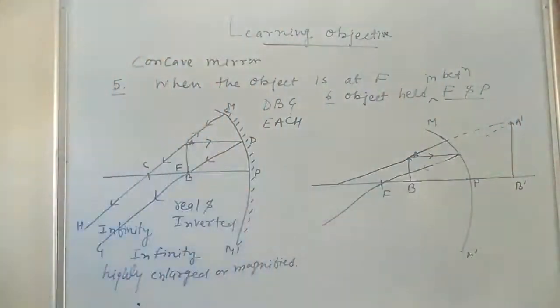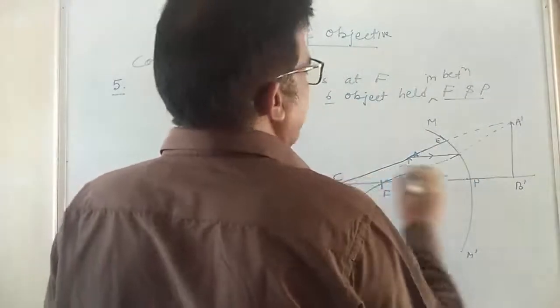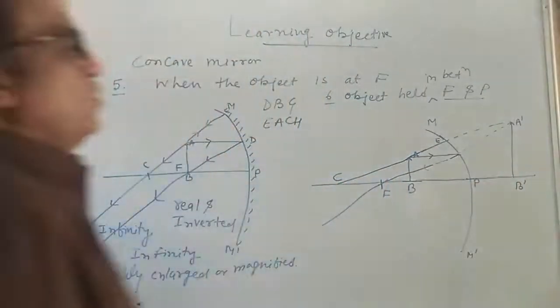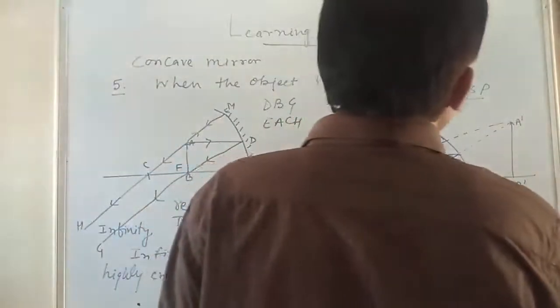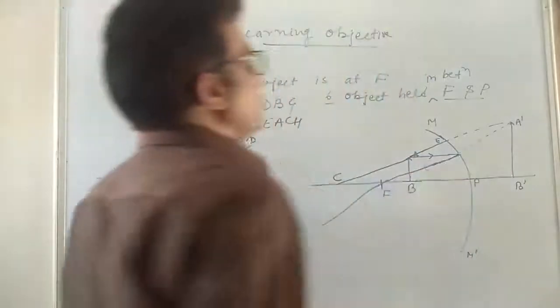See that. This is the figure here. Another ray AE. This is E. This is the center of curvature. Now you can see here like this.